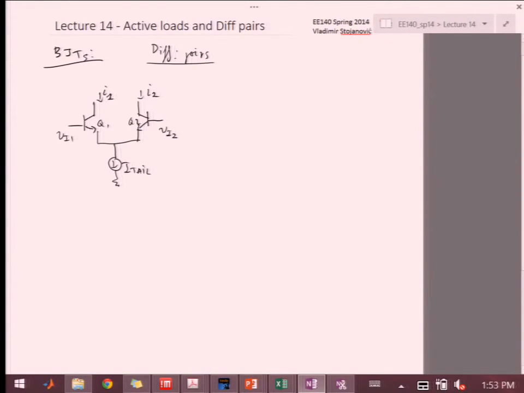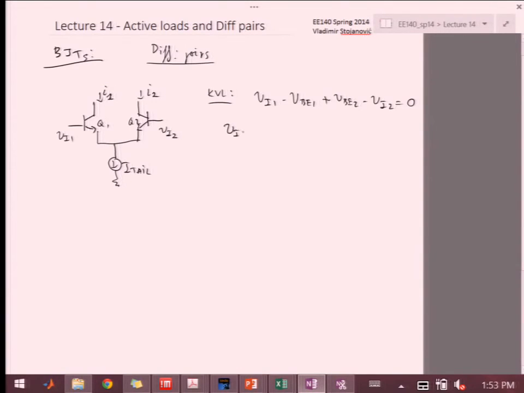So the first thing that I can do is look at what's happening between VI1 and VI2. So it's kind of like a KVL. VI1 minus VBE1 plus VBE2 minus VI2 equals 0, let's just do the whole loop.